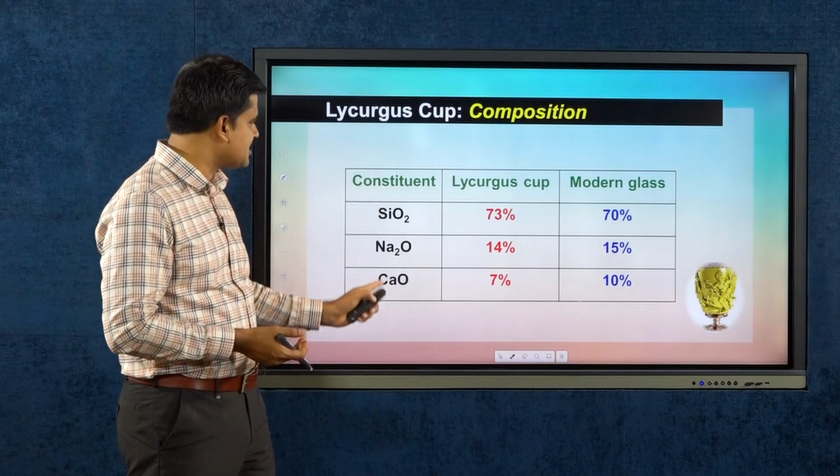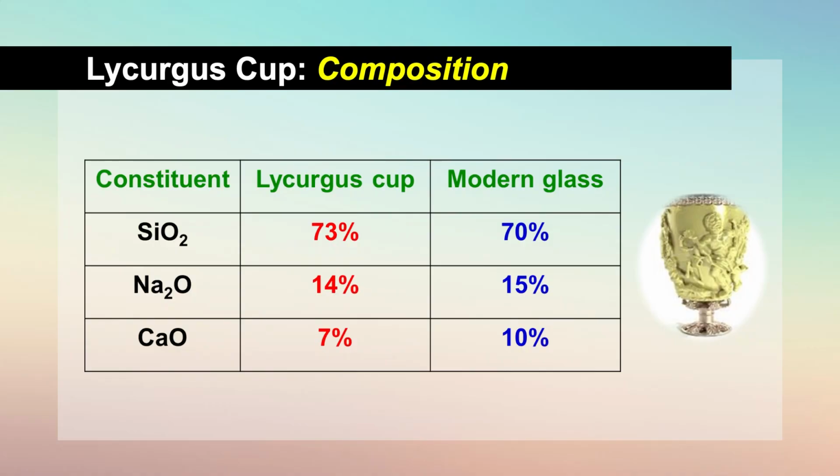The constituents are on the left hand side. Silicon dioxide is a major component. In Lycurgus cup glass, it is 73%. In our modern common glass, it is about 70%. Sodium oxide composition is 14% and 15%.